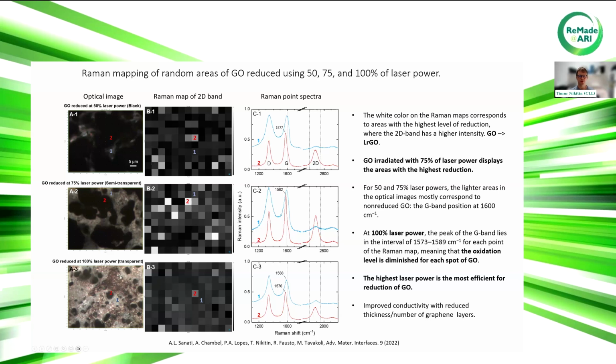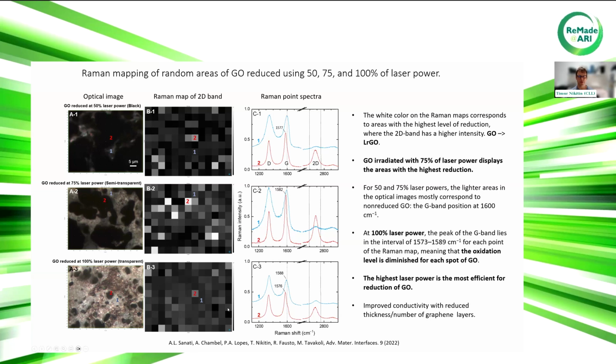But for the 100%, the sample which was reduced at 100% power actually had the largest coverage of reduced graphene oxide, because in all the bands, as we can see in these two example bands, the G band was always shifted from the 1600 position to lower energies, which also means a high reduction of the graphene oxide.